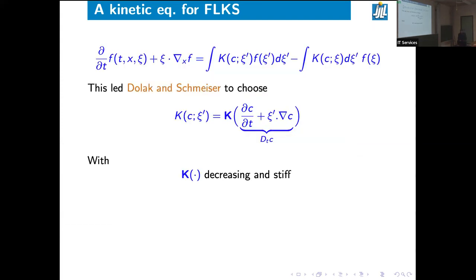So if you put it in the equation, now you find, and this was proposed by Yasmine Dolak and Christian Schmeiser some time ago, that your kernel K depends not on the values of C, but on the path derivative of C. So you measure if the concentration increases or not along the path.